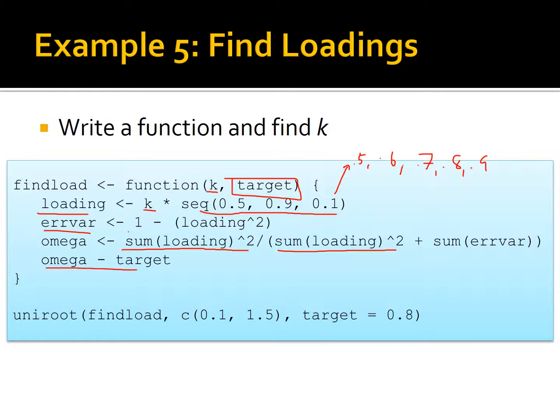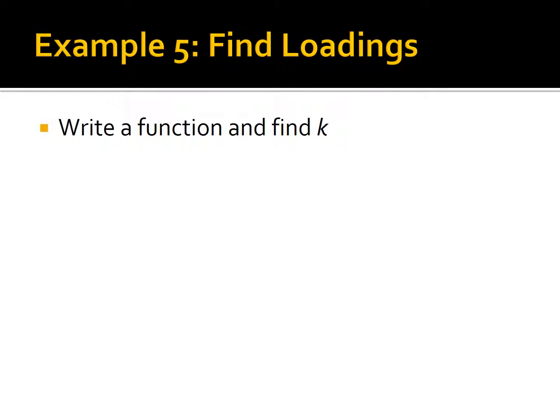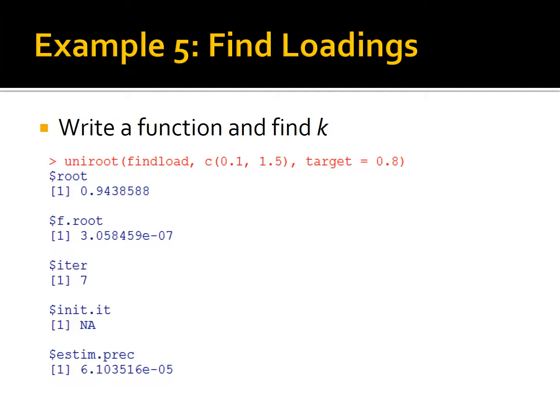And then omega minus target, which is the function of the k that we would like to have, is equal to 0. So uniroot finds the loading, and the range of k would be from 0.1 to 1.5. The target reliability is 0.8. Okay, and you can see that k is equal to 0.94. Okay, and the resulting function value would be very close to 0, which is very good.